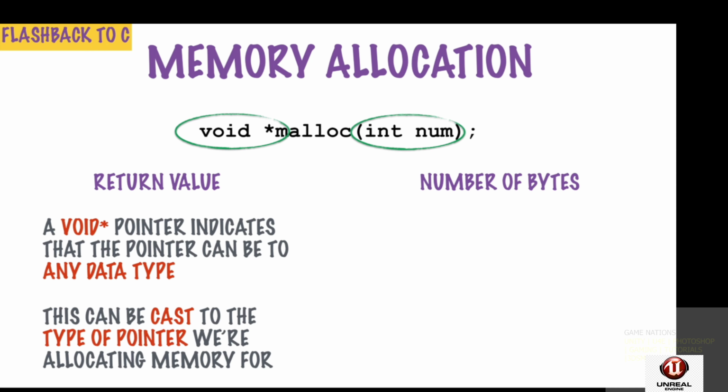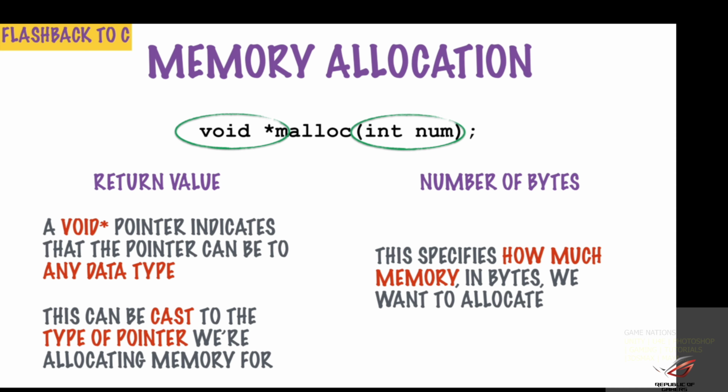And depending on the kind of data type we were instantiating, we simply cast the void star to the correct pointer type that we were allocating memory for. The int num specifies the size in bytes of how much memory we want to allocate. Is it the size 4, which is typically the size of an integer, or is it of size 1, which is the size of a character, and so on.